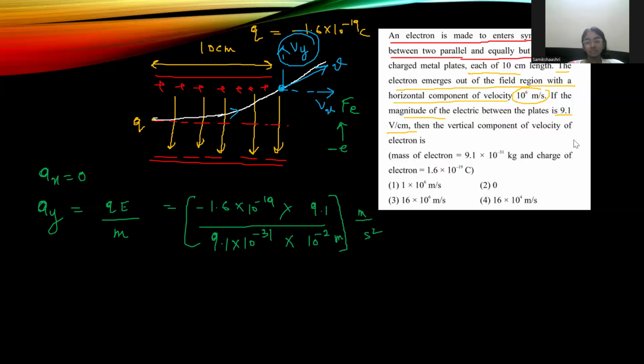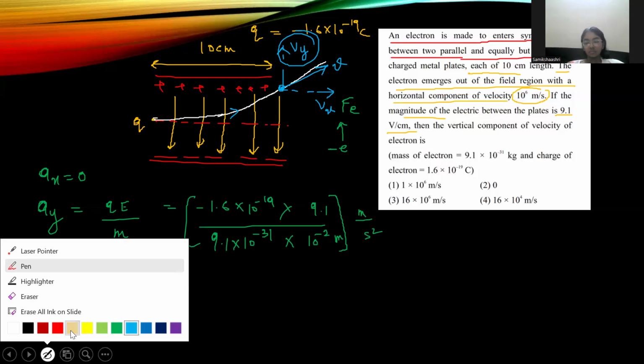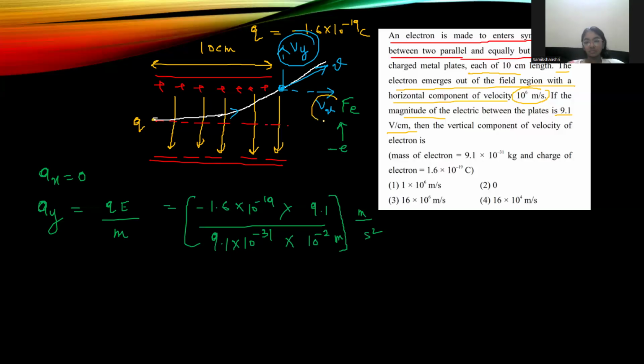Now, how much time does it take to reach here? Since they have mentioned Vx, the horizontal component, 10 to the power 6, you can use the equation Vx is equal to Ux, since there is no acceleration in the x direction.